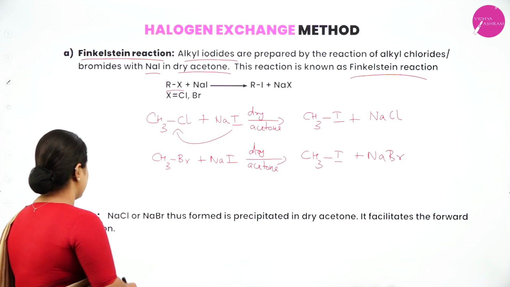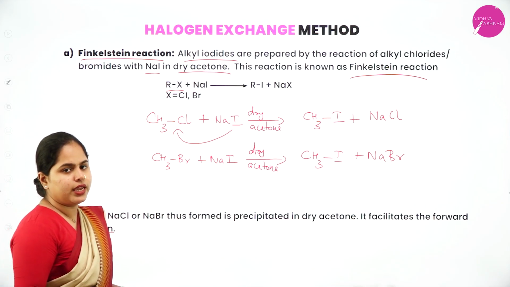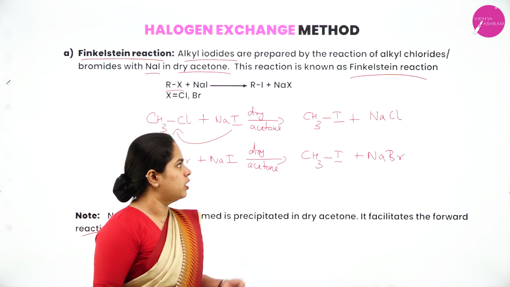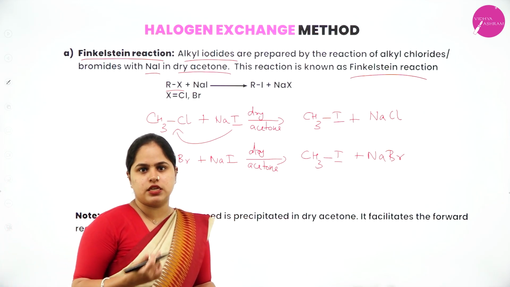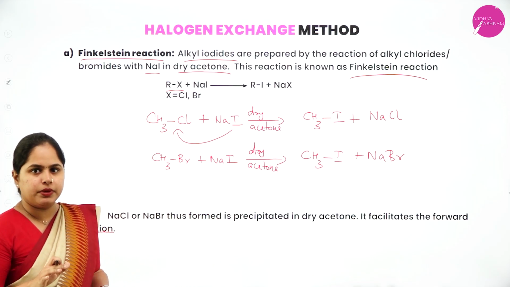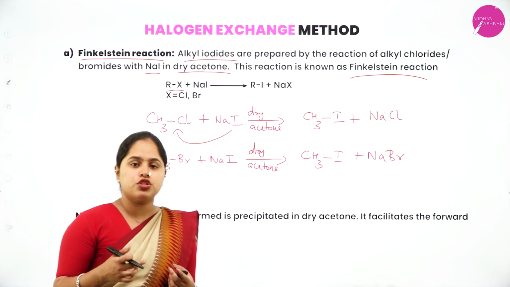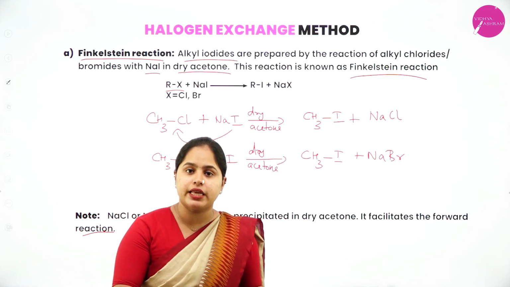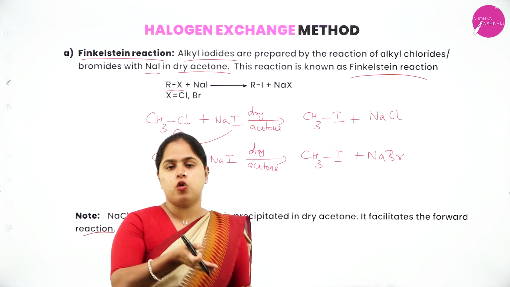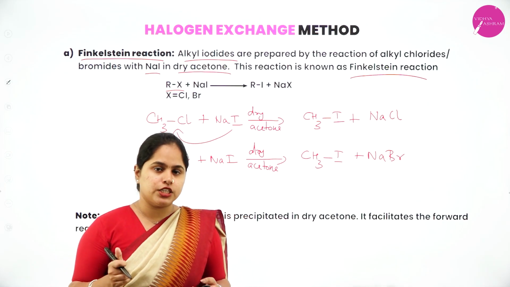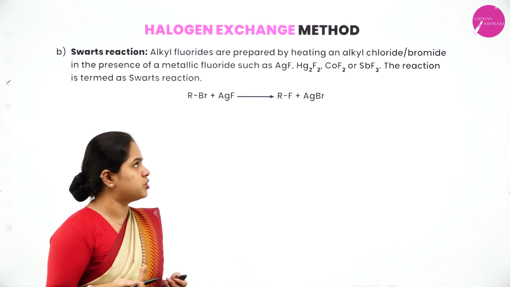It facilitates the forward reaction. Sodium chloride and sodium bromide are salts, right? They will be precipitated in the reaction. So this is called the Finkelstein reaction. It is used for the preparation of specifically alkyl iodides from alkyl chloride or alkyl bromide, using sodium iodide in the presence of dry acetone.